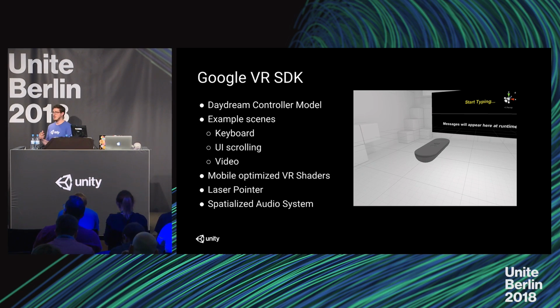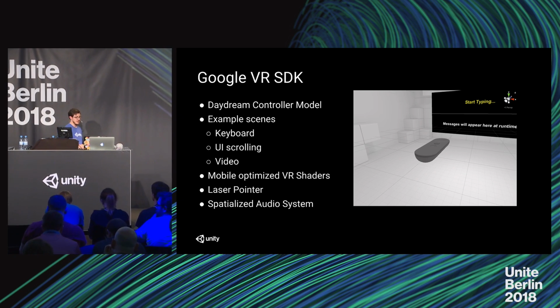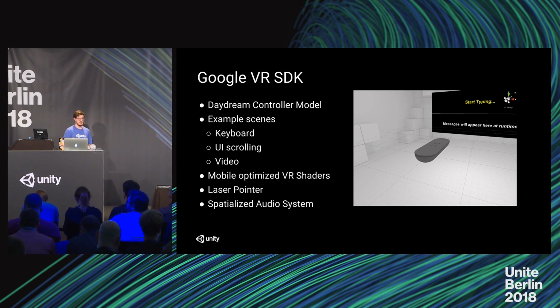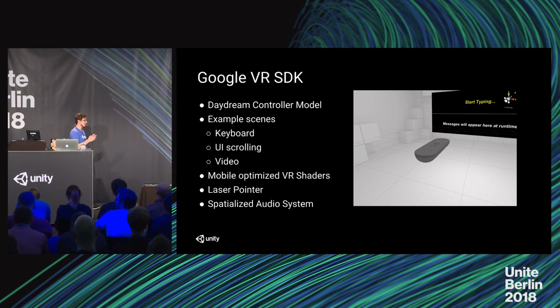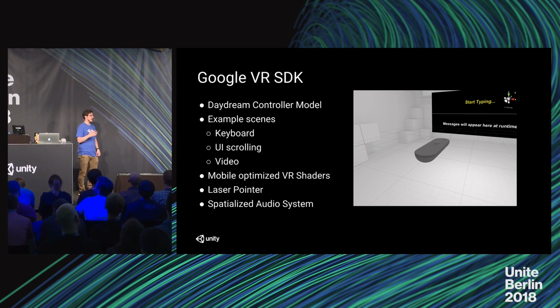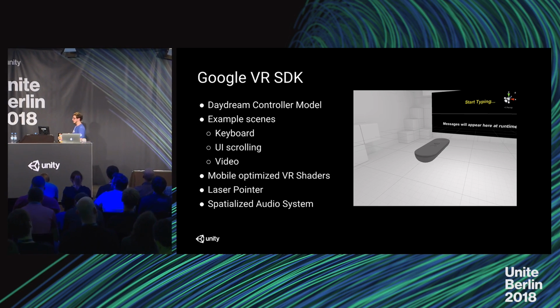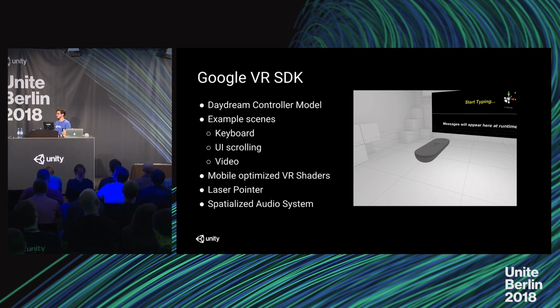They've also included their own lighting model to try to get the maximum performance out of these mobile headsets. And they've included a spatialized audio system. Previously, that was included in it, and now they're releasing that for all platforms, not just mobile, and it's called Google Resonance, if you guys are interested in that.